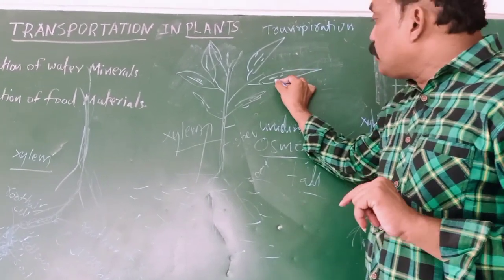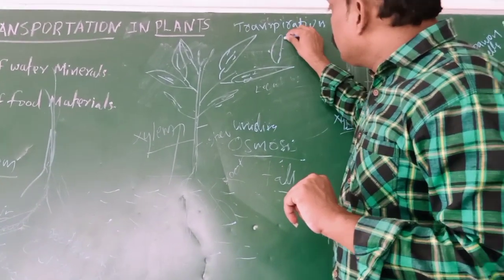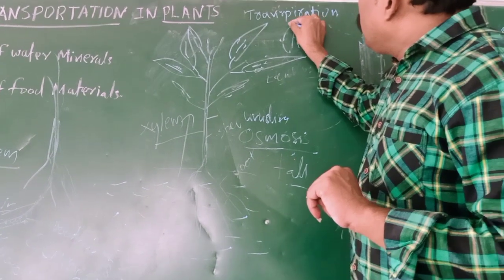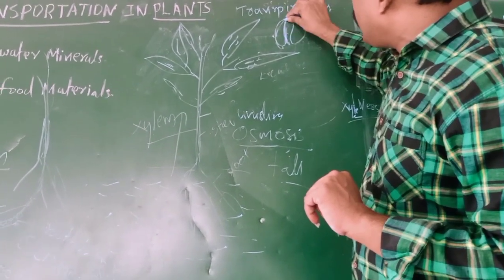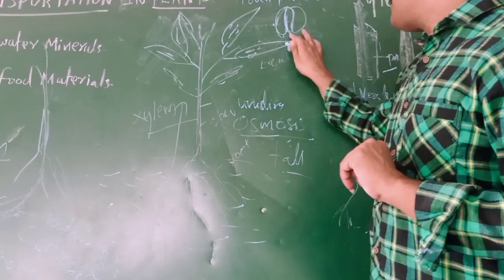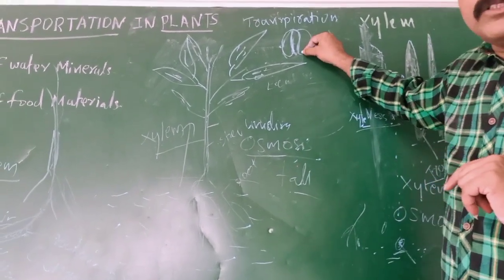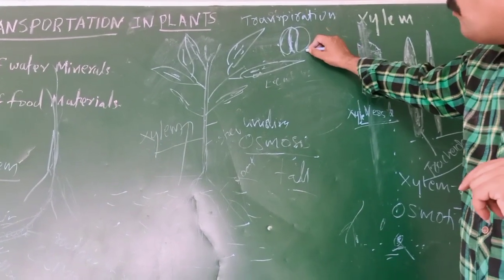Not only that, these stomata, the holes located on the lower surface of the leaf, are useful for what?